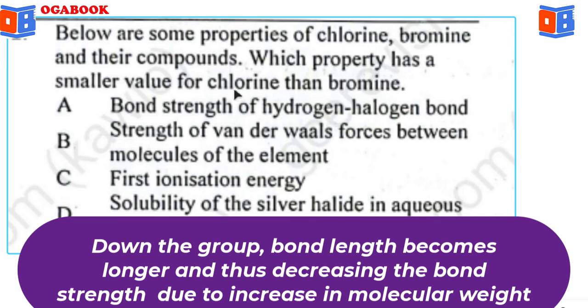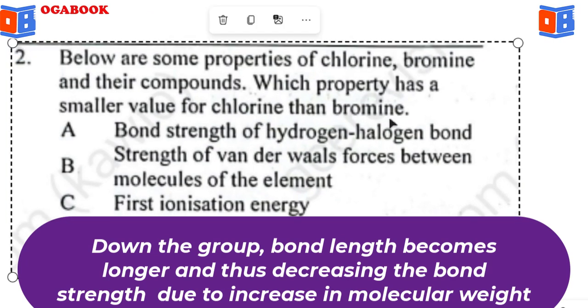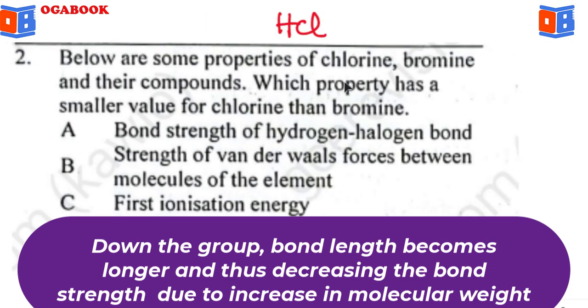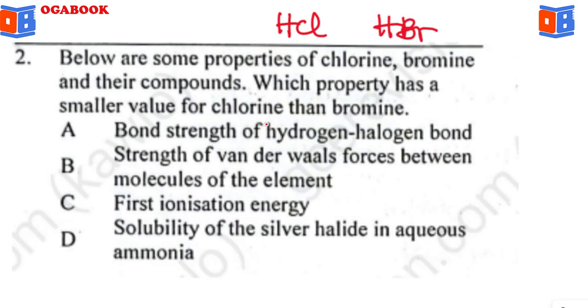So with respect to HCl and HBr, down the group, bond length increases and becomes weaker. Therefore, the bond strength of hydrogen chloride is definitely going to be greater than the bond strength of hydrogen bromide. Therefore, option A cannot be true.